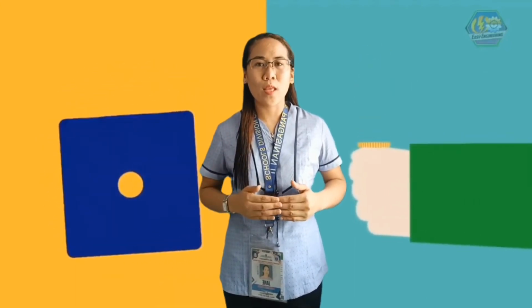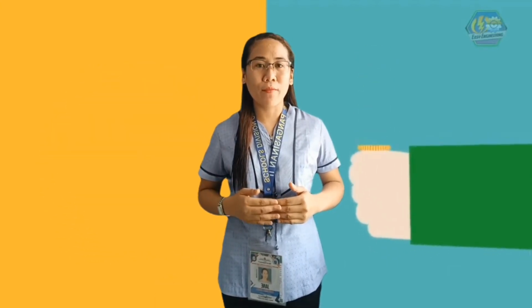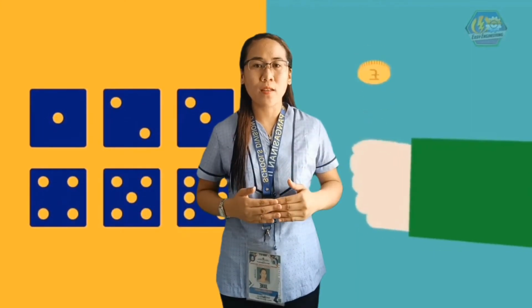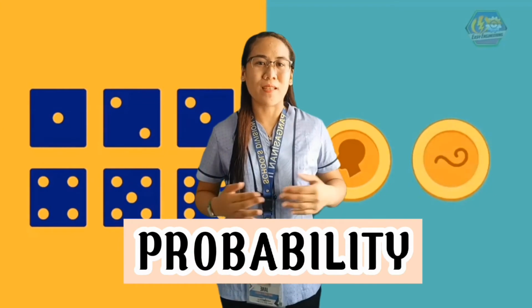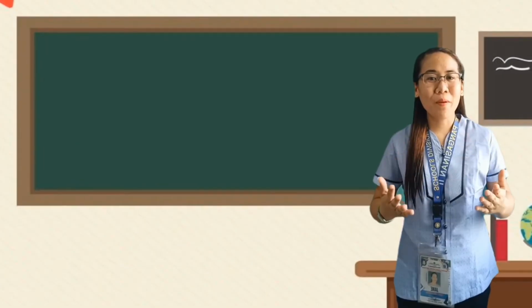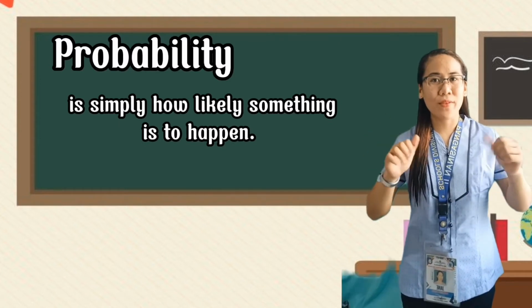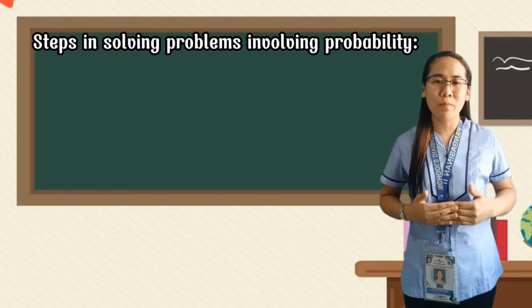But we know a few things about it, like rolling a die, we can only have numbers from 1 to 6, and if we toss a coin, we have only a head or a tail. All of these are examples of probability. Probability is simply how likely something is to happen. In this video, you will learn how to solve problems that involve probability.